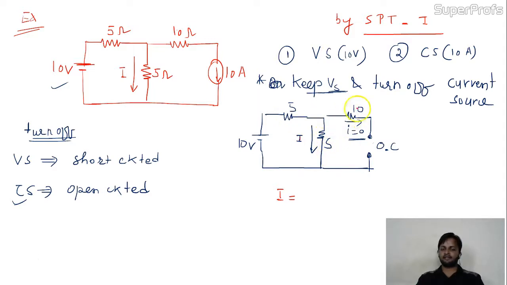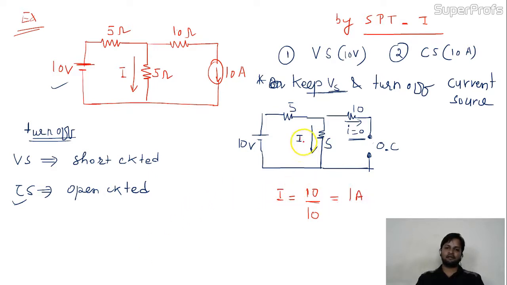If the 10 ohm branch were connected further, we couldn't say 5 and 5 are in series. But at this moment, these two resistors are in series. So the source voltage is 10 and the equivalent resistance is also 10. So you have 1 ampere.